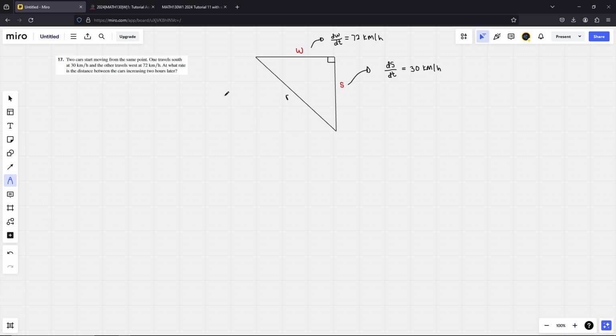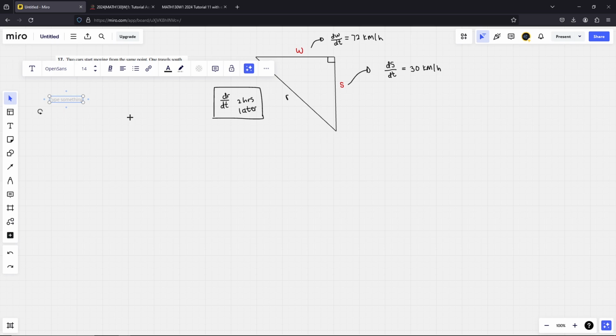So mathematically we want dr with respect to time, 2 hours later. Okay, and putting this in a box because this is important. So before we start, let's make this valid. Let's assign our variables so that we're not just talking about some random stuff.